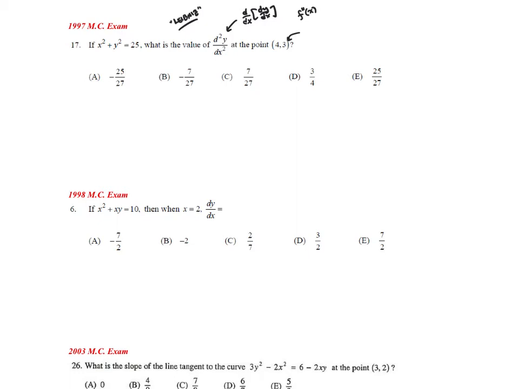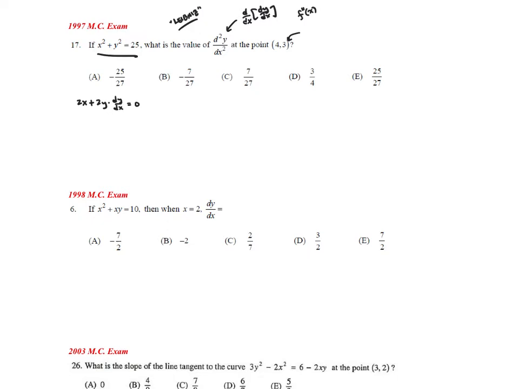Okay, so let's take our expression, which is the equation of a circle with a radius of 5 centered at the origin. Implicitly differentiating, we would get 2x plus 2y times dy dx is equal to 0. Now I'm going to isolate dy dx.